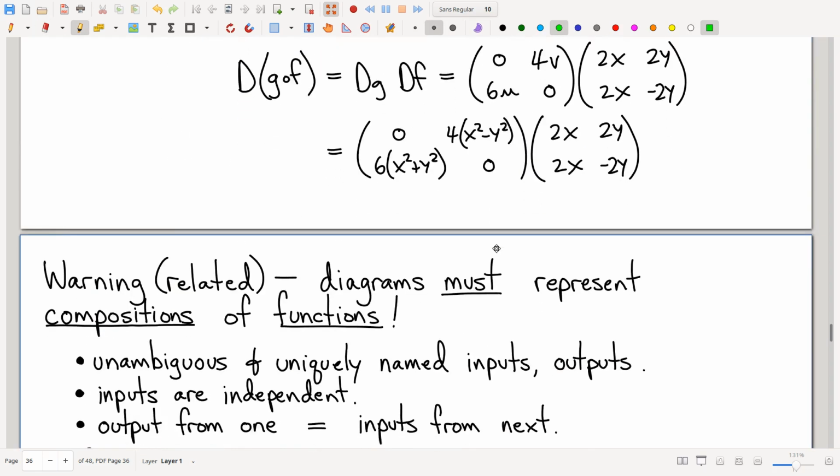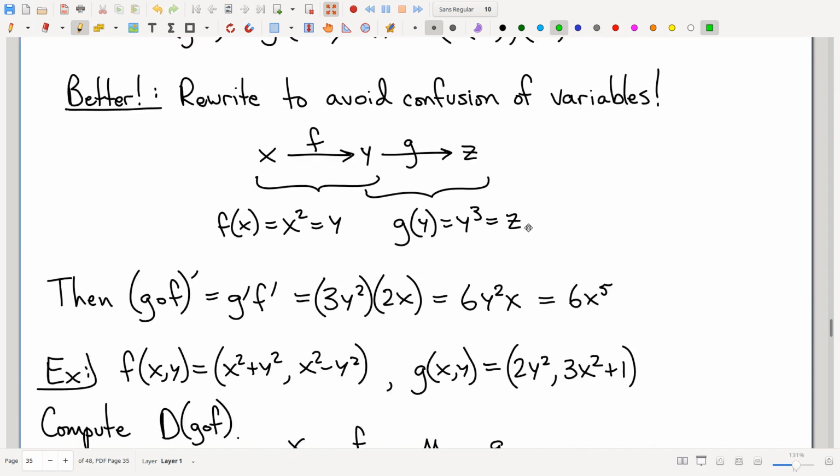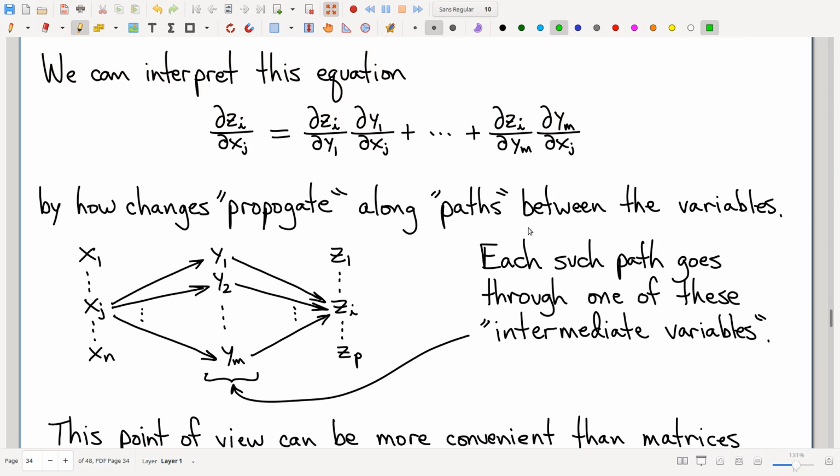Okay, now there is a related warning. This is kind of a broader warning, and that is, don't overinterpret this idea of looking at propagation of changes. This diagram that I've written down here, that I made arguments about how the arrows point and paths of changes and stuff like that.